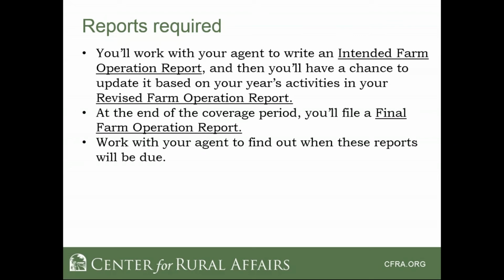I might have that detail later in the presentation also. Oh, sorry, no, I've got it here. The intended farm operation report is due on the sales closing date, which should be March 15th. The revised farm operation report is probably due around July 15th. Your billing date is probably around August 15th, and the final farm operation report is the earlier of one of 2 things: the time when you determine a loss, or next policy year's sales closing date.